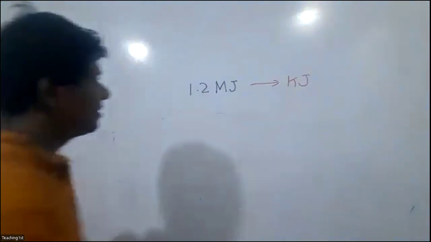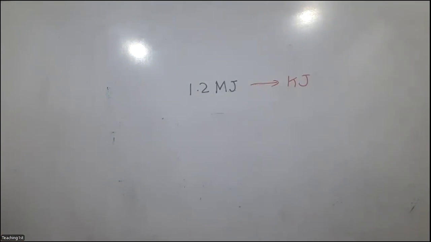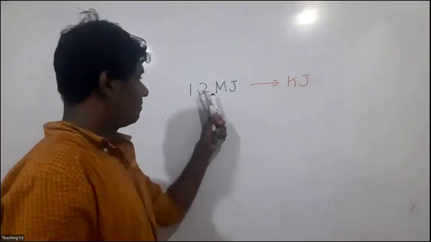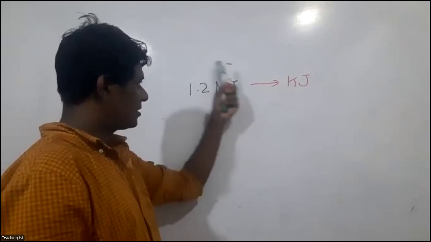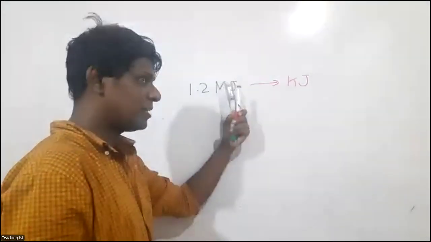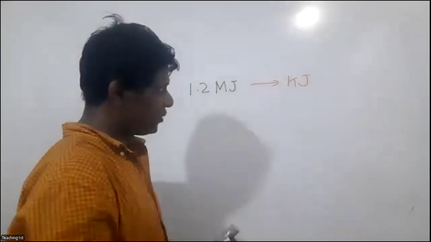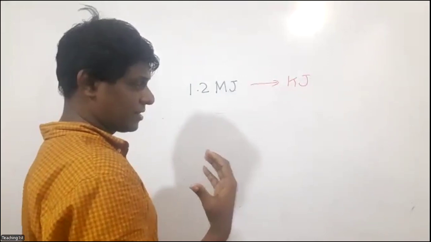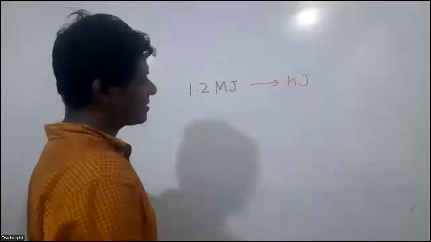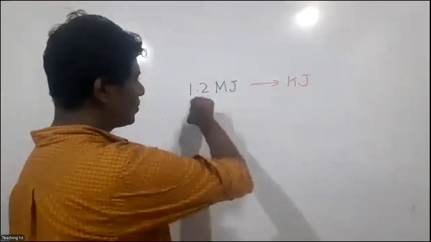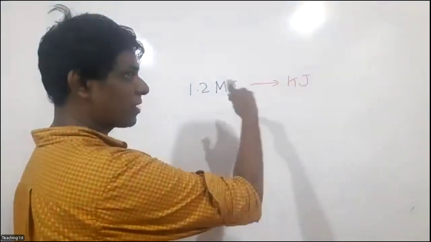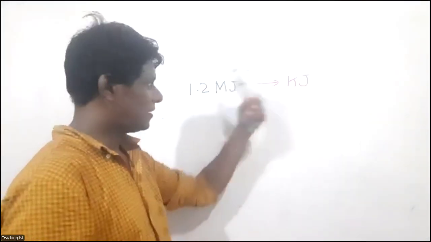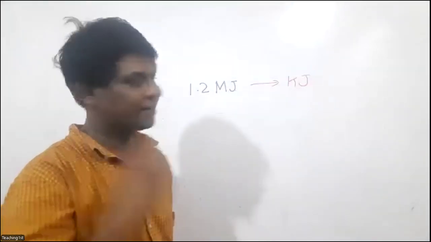You have to convert this to kilojoule. Imagine this is like a battery. It can store this much of energy. Now this battery needs to charge certain instruments, certain other batteries. Those batteries are made out of 1.2 kilojoules. You have to see how many batteries you are going to charge using this one. Okay, it is like that.